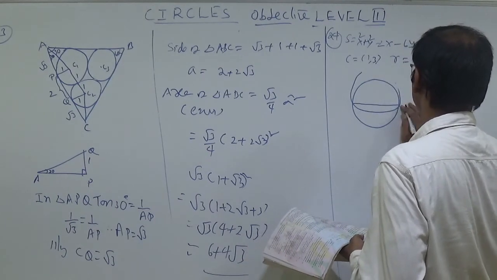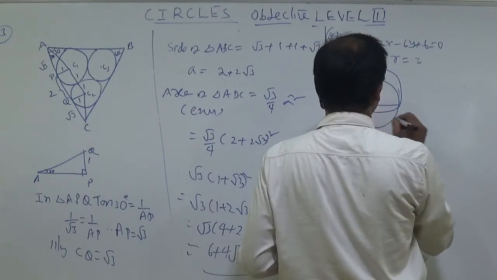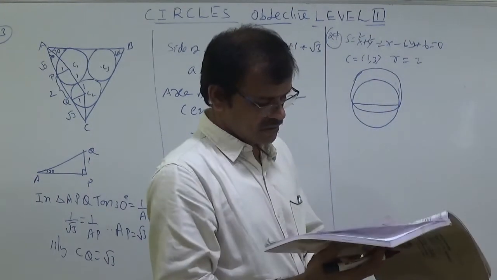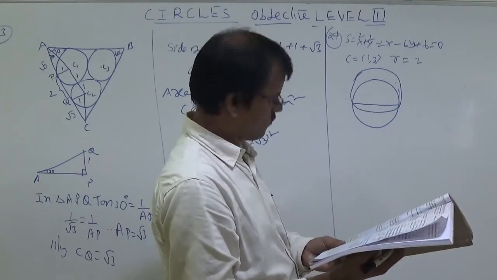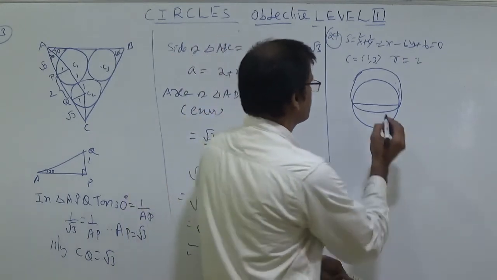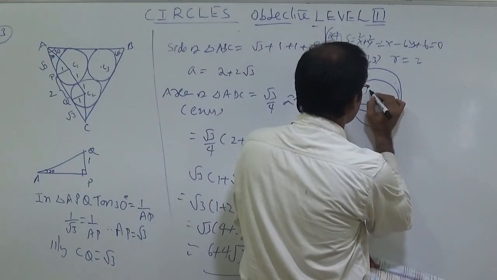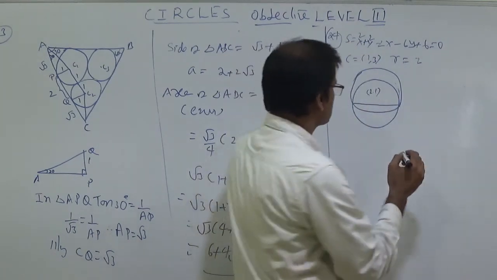Maybe like this. If one diameter of the circle is chord of another circle with center 2, 1 given, we should calculate the radius of the other circle.